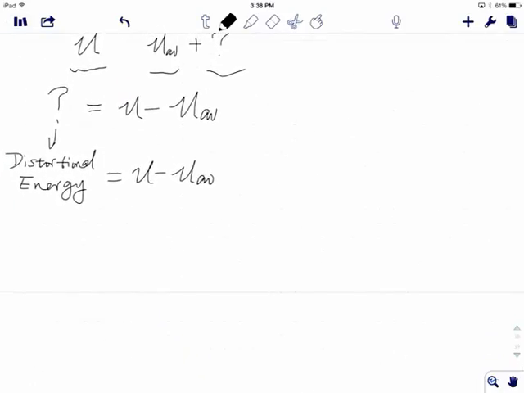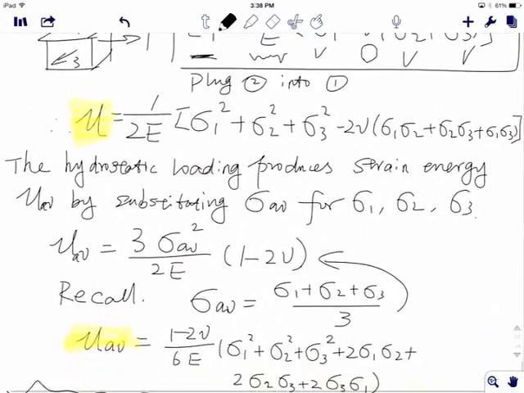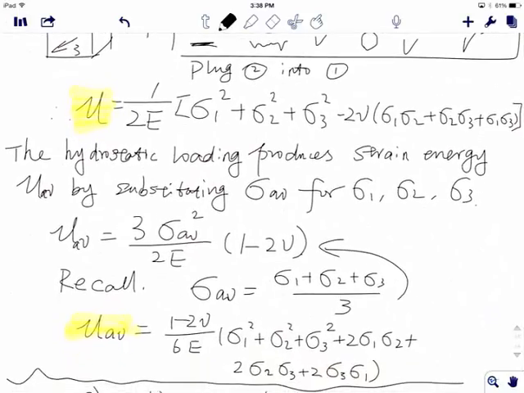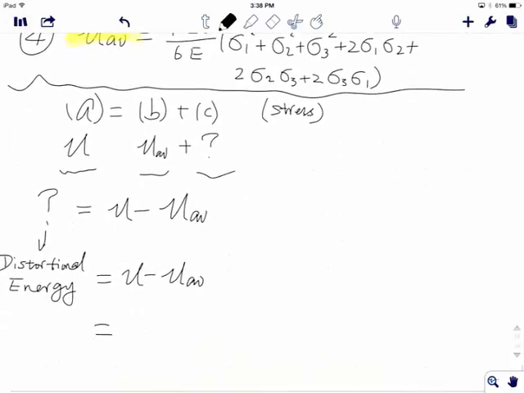Okay, so let me do it a little better here. Let's say this is equation 3. This is my equation 4. And what we're doing here is plugging in 4 and 3.